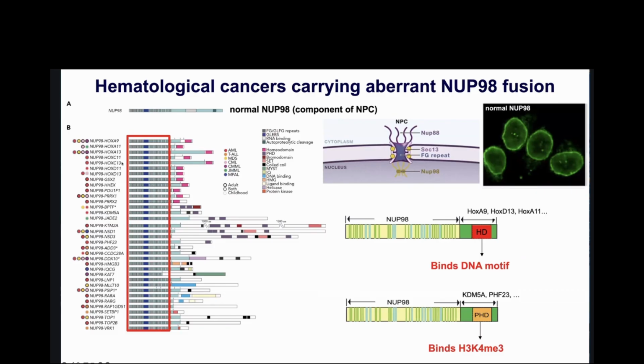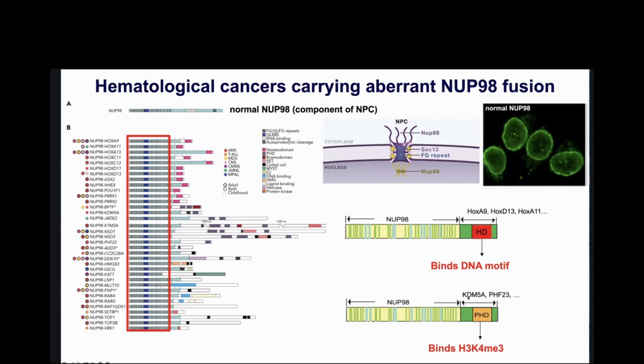As you can see in this summary from a review I pulled from the literature, one third of the fusion partners for NUP98 are transcription factors. They bind to DNA, using the homeobox domain to bind a specific motif in the genome. Another third of the fusion partners are chromatin binding factors or chromatin modifying proteins.